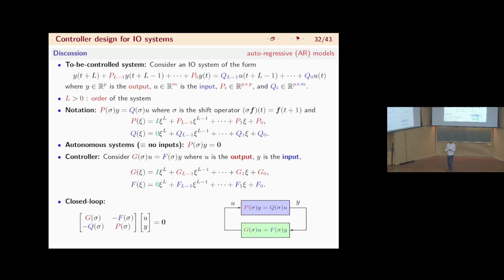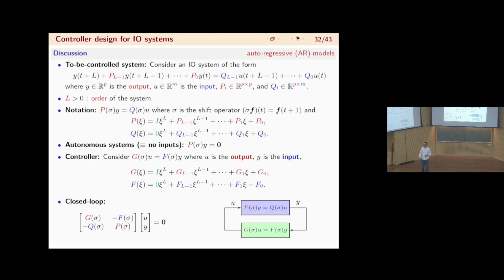What is the closed-loop system? Closed-loop system is going to be given by this autonomous system, because this is going to be an autonomous system. There are no inputs anymore. And it is going to be given by this polynomial matrix.